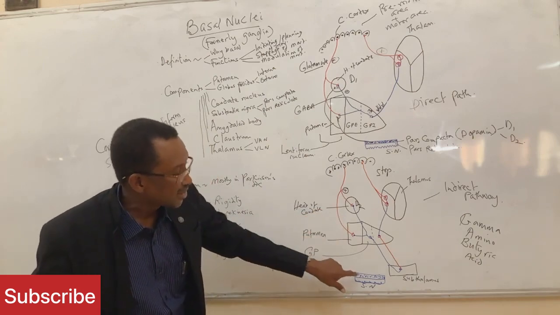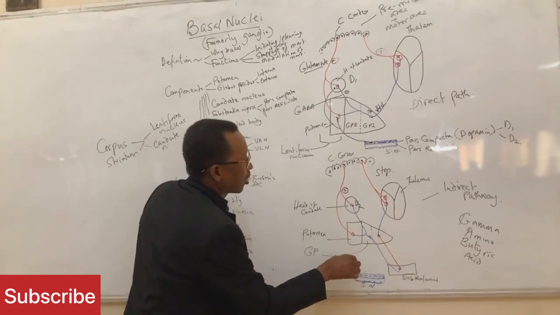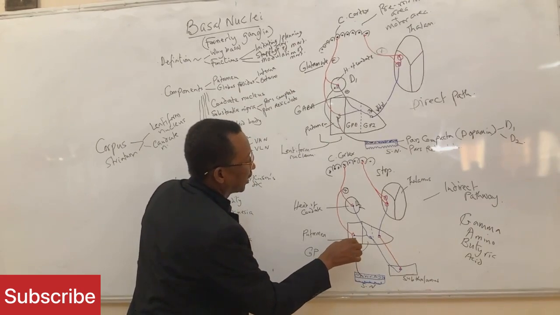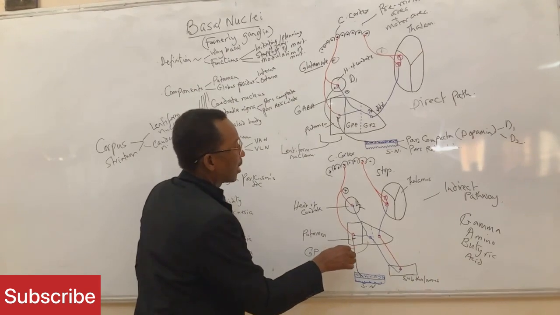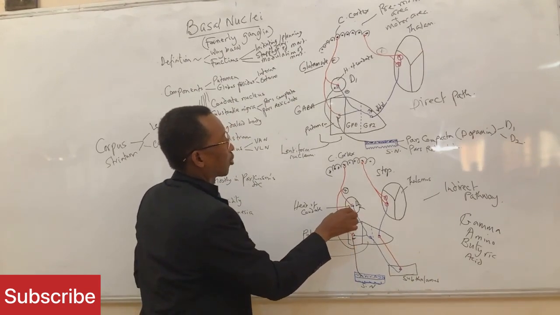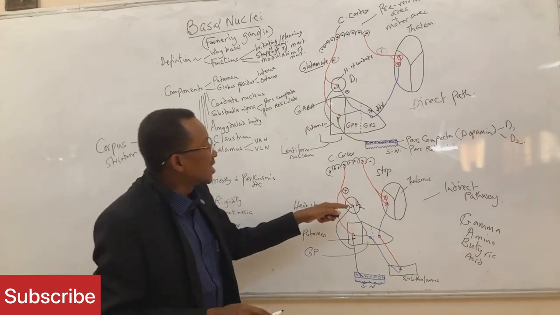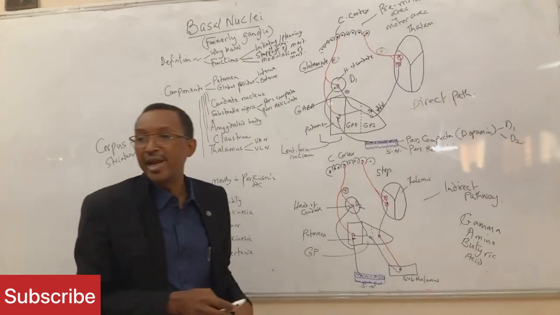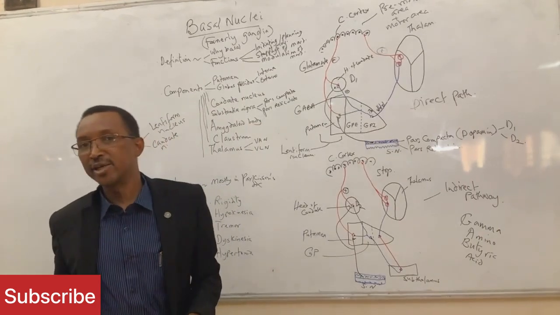Still, the indirect pathway: this connection from the substantia nigra goes here in the putamen, synapses there, and also goes to the head of the caudate to synapse there. But here, these fibers from the substantia nigra synapse with D2 dopaminergic receptors.